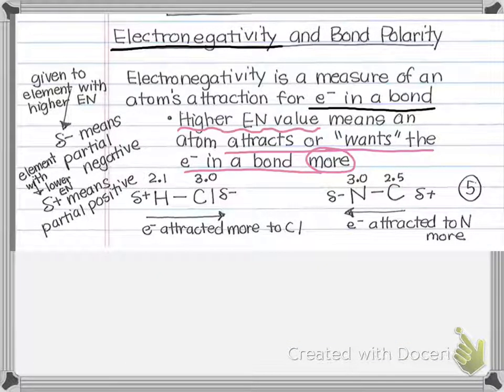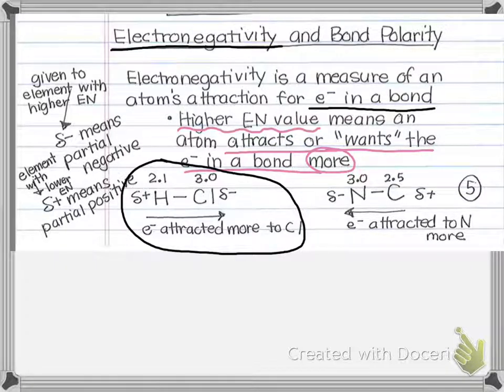So let's look through these notes. Before I go over there, let's look at this example right here. Above the element, hydrogen has an electronegativity of 2.1, which I read from the table, and chlorine has an electronegativity of 3. So the larger number, chlorine, is attracting the electrons.